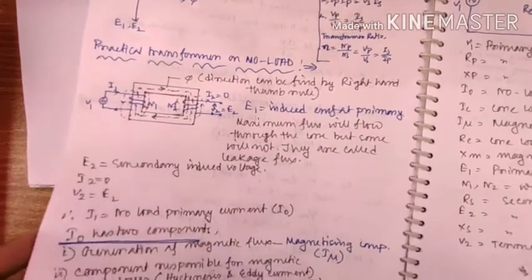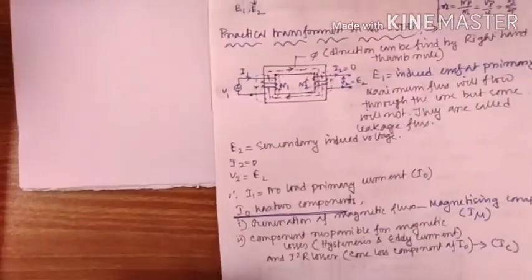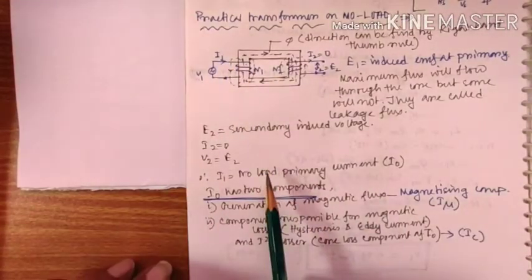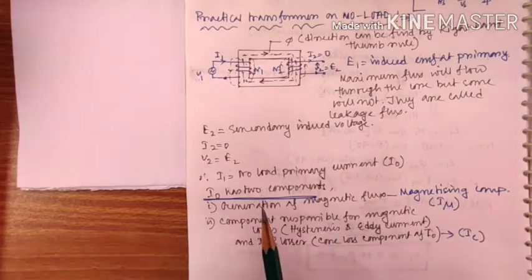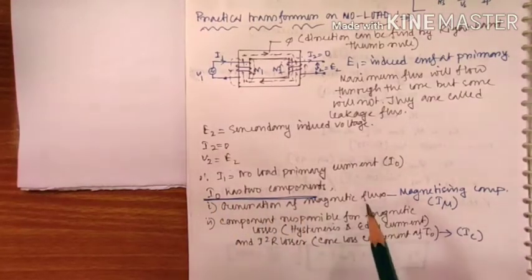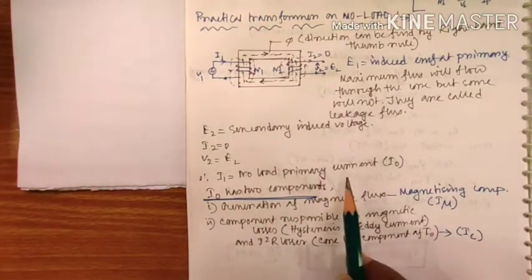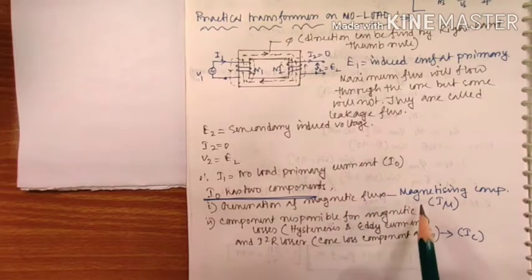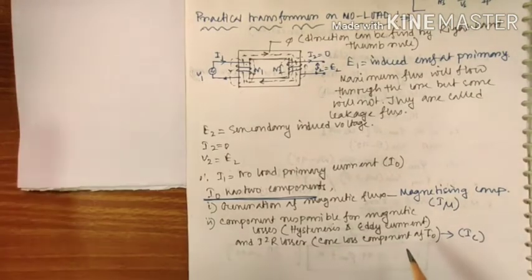Now, whenever no load is connected, we know that a certain amount of current still flows through the transformer, and that amount is denoted by I0. We call this the no load primary current. What is the function of this current? We know that this current has two components. One is called the magnetizing component, another one is called the loss component.